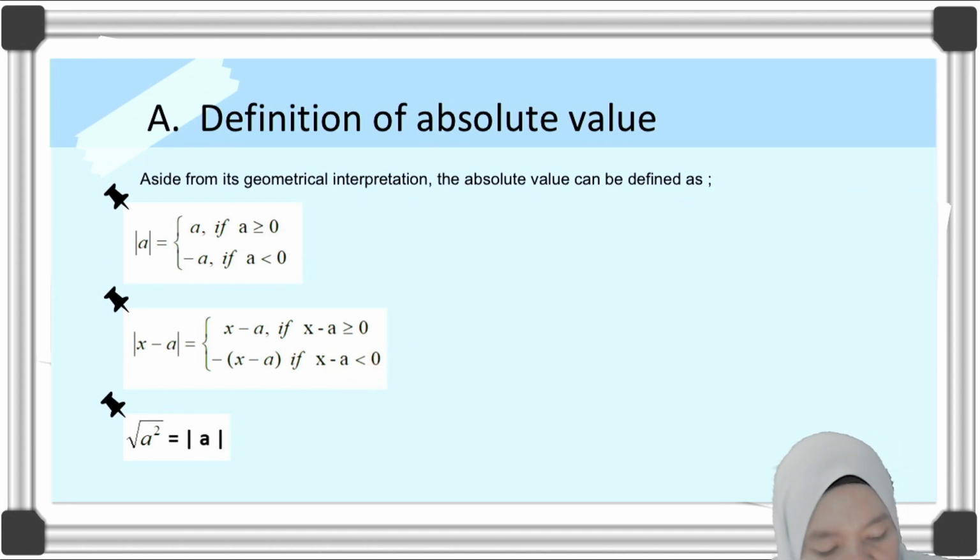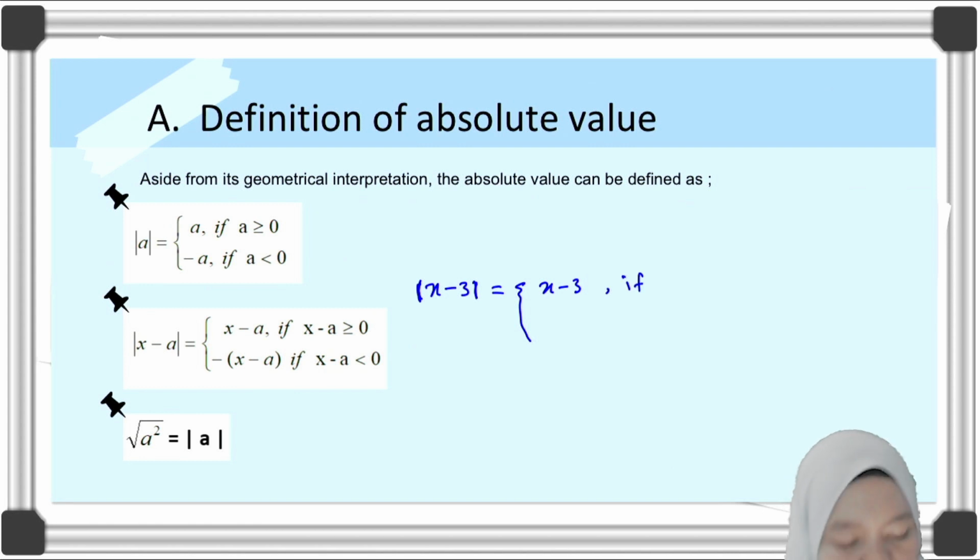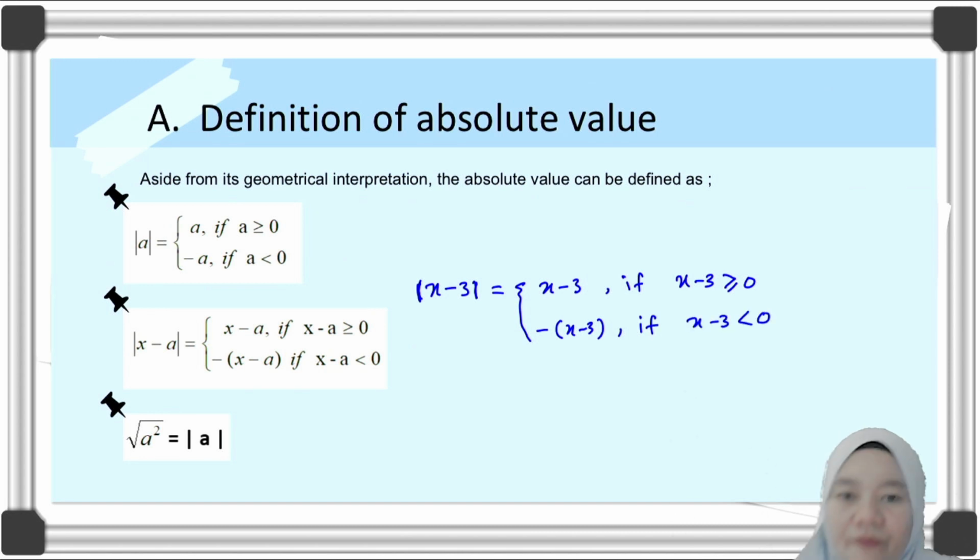Contohnya, saya bagi kat sini, katakan diberi absolute value of x minus 3. Right? So, here, saya faham dia adalah x minus 3 if x minus 3 is greater than or equals to 0, or maybe negative (x minus 3) if x minus 3 is less than 0. Right.